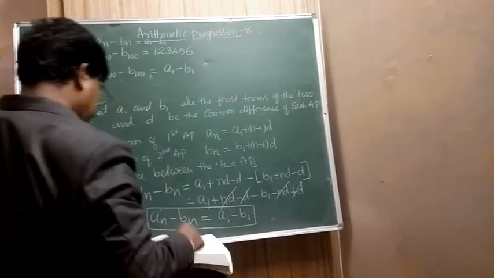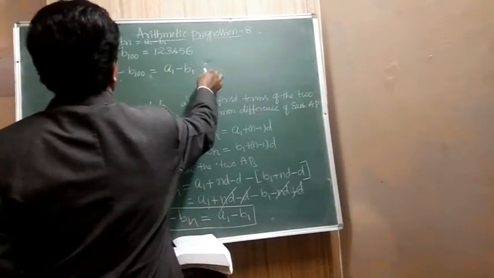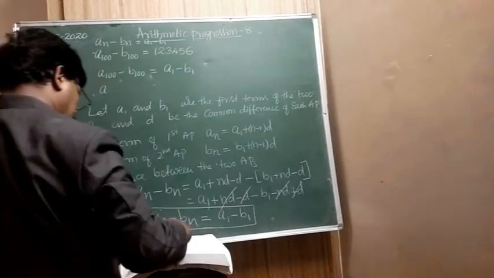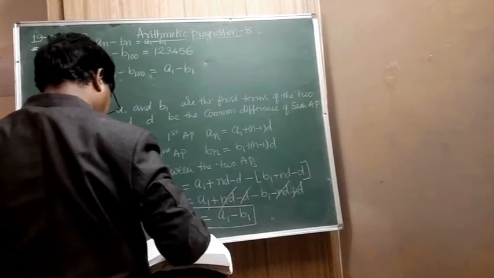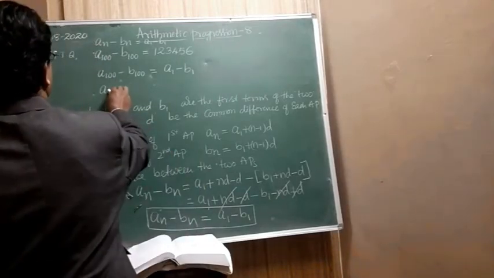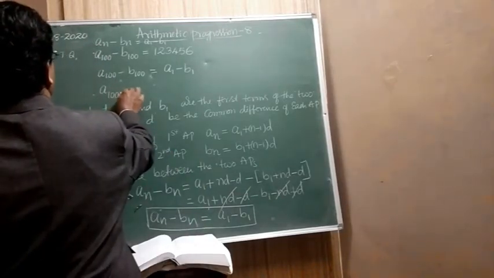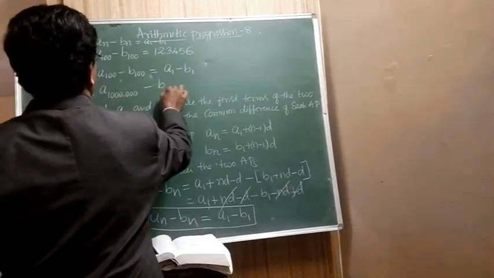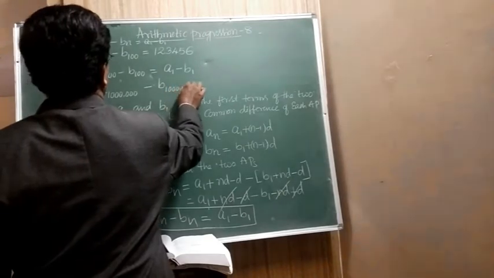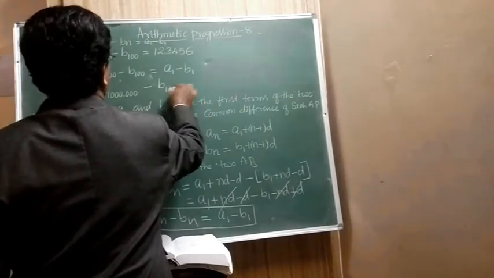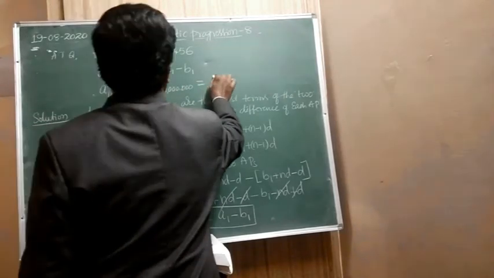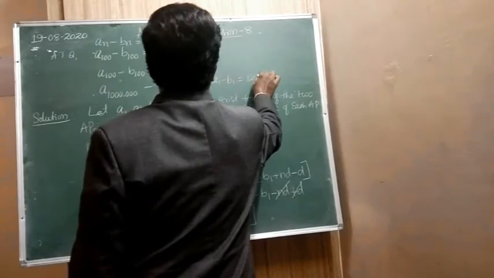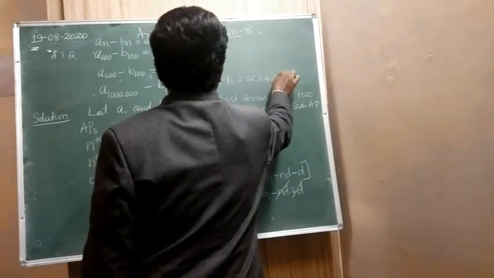So here, the millionth term, 6 zeros: A 1,000,000 minus B 1,000,000 is equal to, same as A1 minus B1, that is 1, 2, 3, 4, 5, 6.